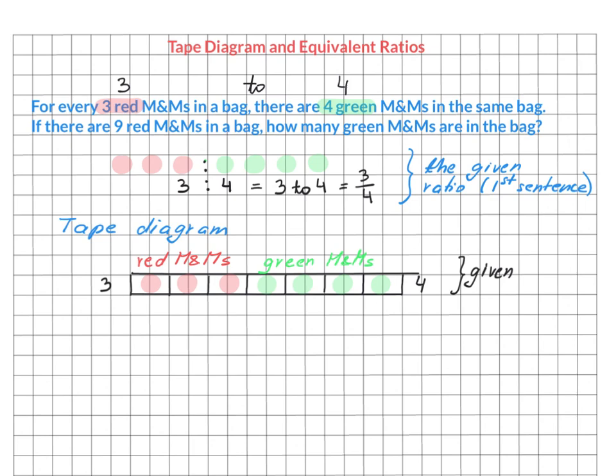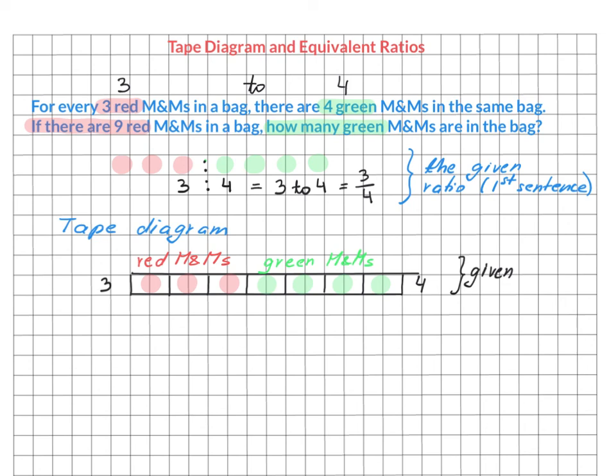So if there are 9 red M&Ms, how many green M&Ms are there? Right now, I have 3 red M&Ms, which means I need to keep adding red M&Ms until I reach 9 of them.